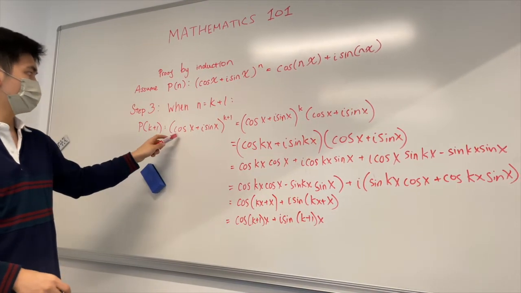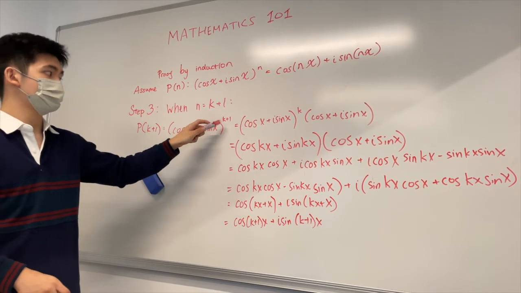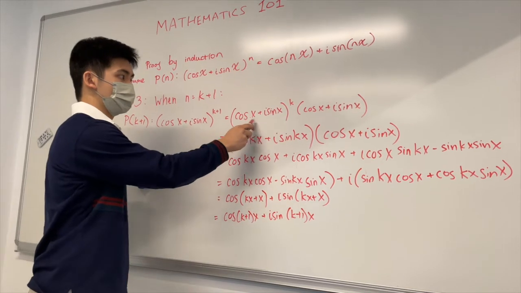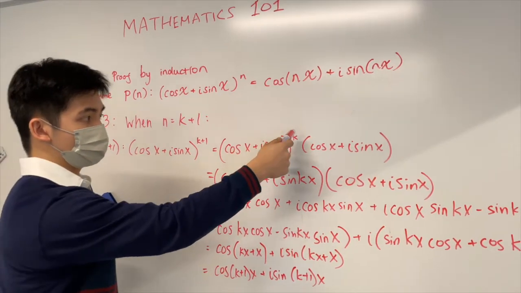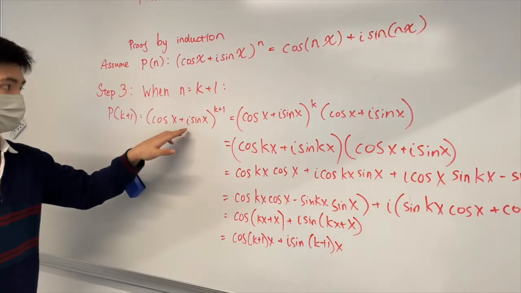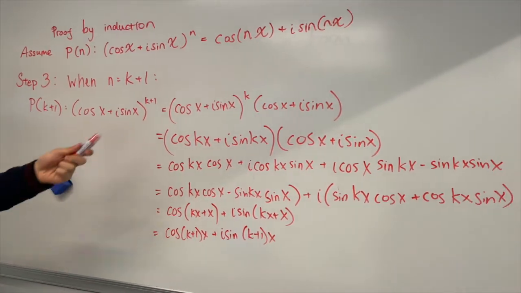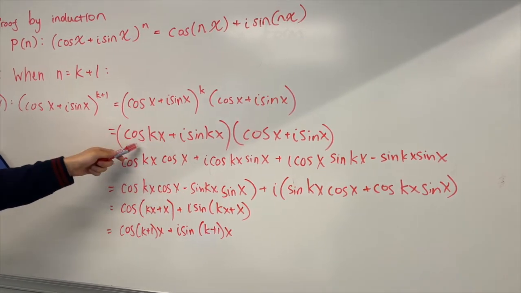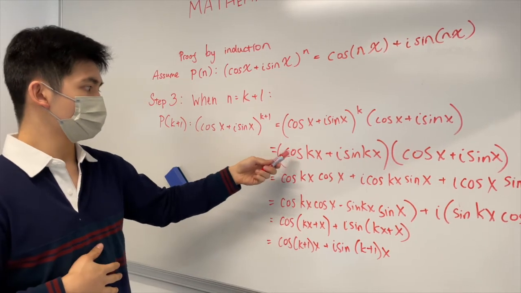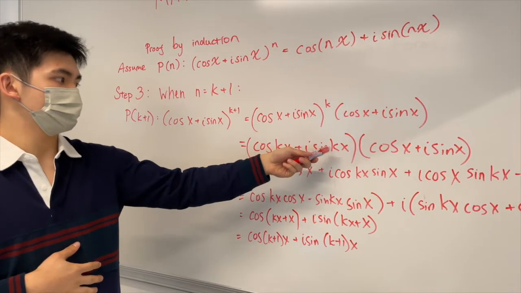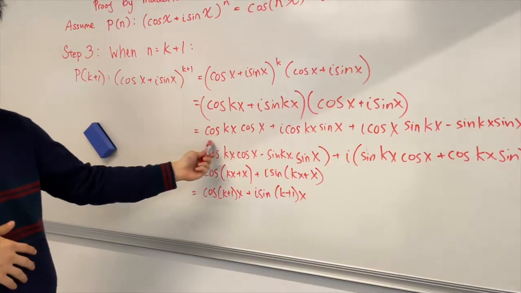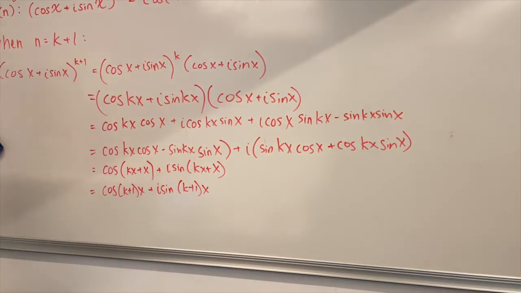So if you get cosine x plus i sine x to the power of k plus 1, using exponents, you know that cosine x plus i sine x to the power of k times cosine x plus i sine x is the same as what was previously said. If we plug what was said in step 2 into this step, then we know that cosine kx plus i sine kx is the same thing. And here, after we expand it, we get this entire expression.